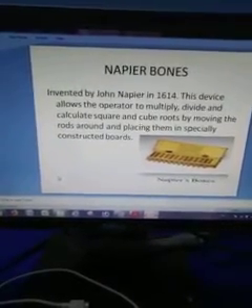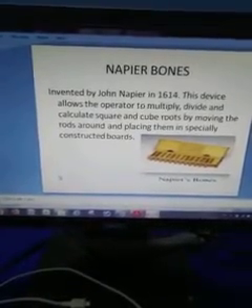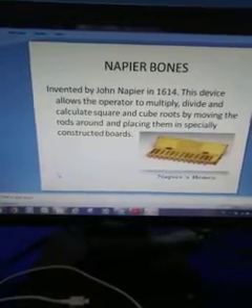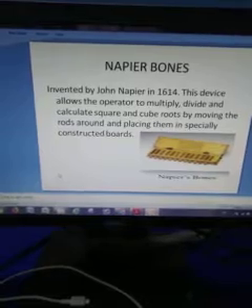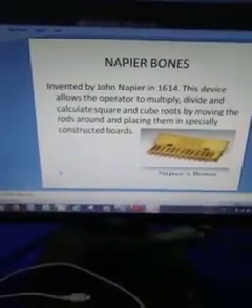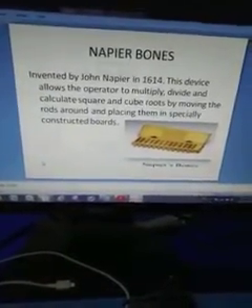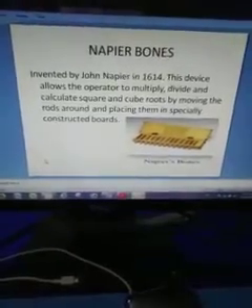This device allows the operations to multiply, divide, and calculate square and cube roots by moving the rods around and placing them in a specially constructed board. It was also a good device which was used at that time.